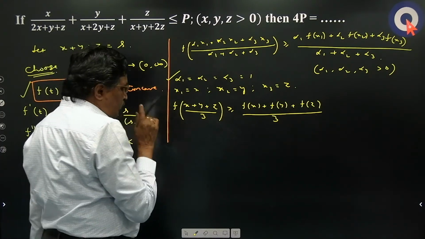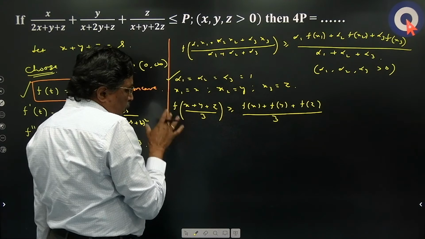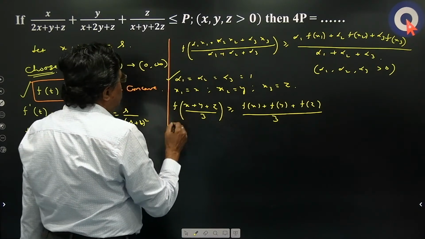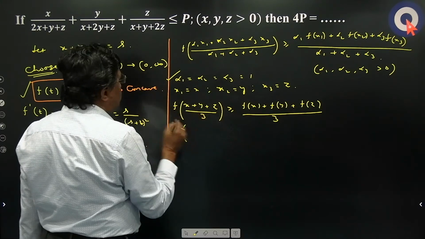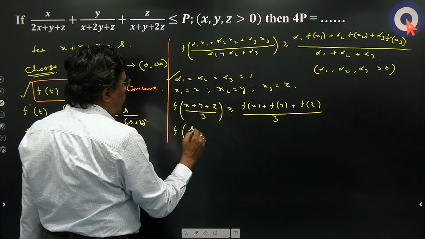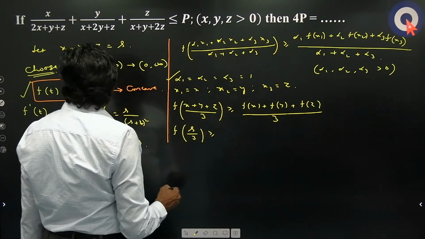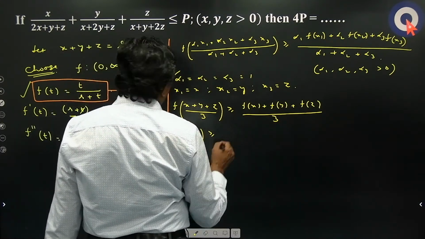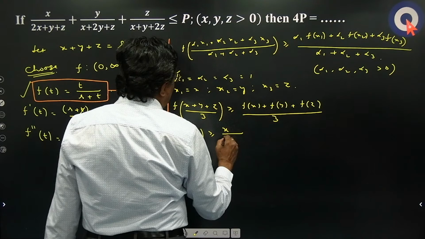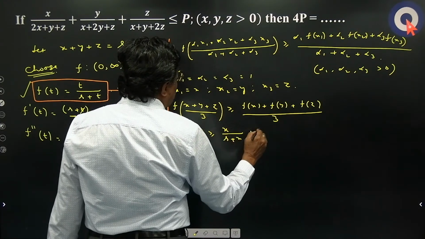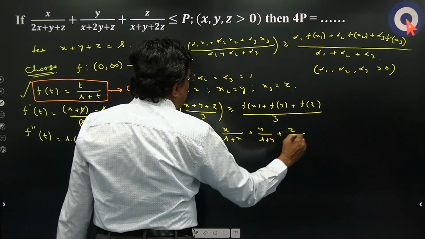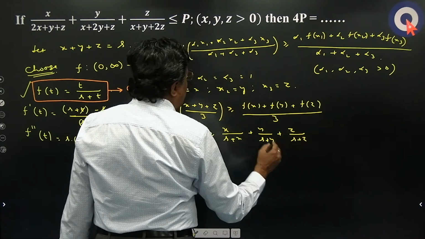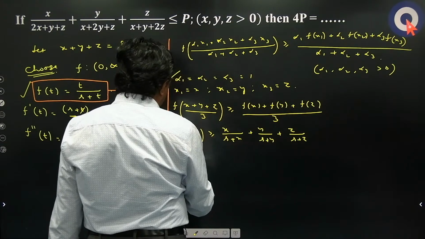Well, you must see the way in which the problem is getting solved. Let x plus y plus z be equal to s. So f of s by 3 is greater than or equal to, now what is f(x)? It is x by s plus x, plus y by s plus y, plus z by s plus z. Okay, and we'll just send this 3 this side.